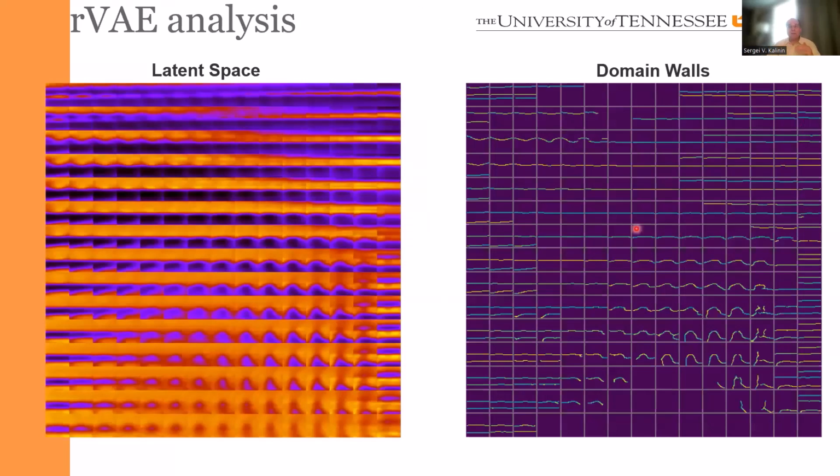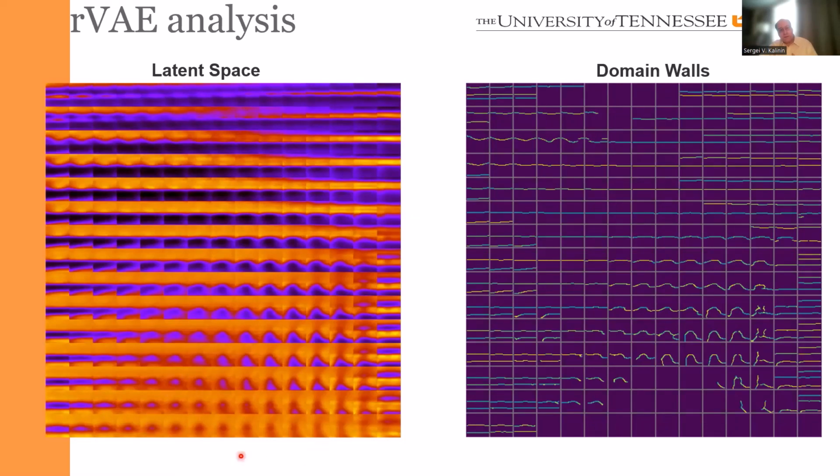And then we can take the objects, take the points that lay on the domain wall, take the image patches around this domain wall, and apply the VAE approach. And then our latent space actually contains the information of what are the possible structures of the domain wall. So here you have straight domain walls.